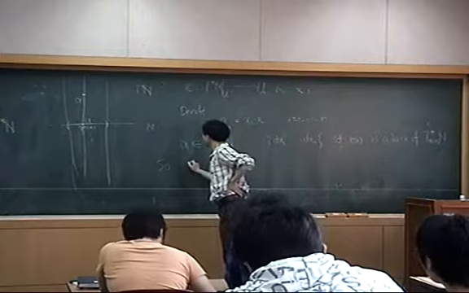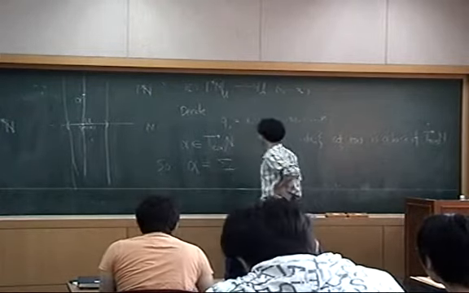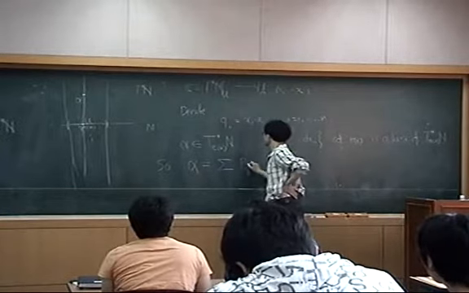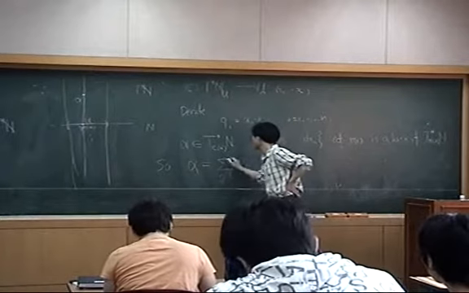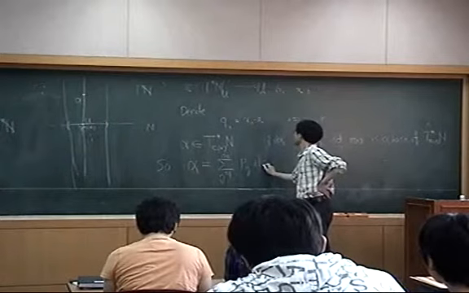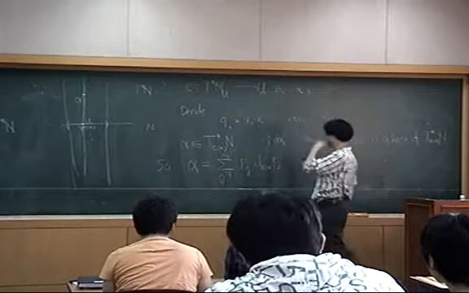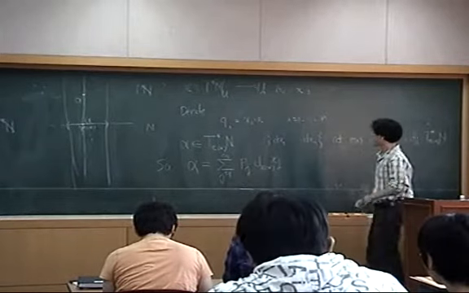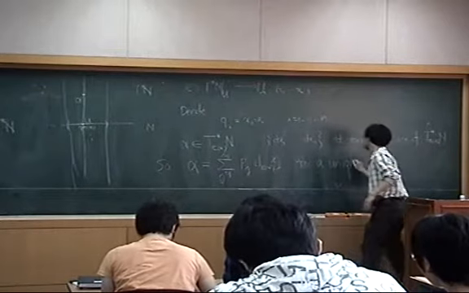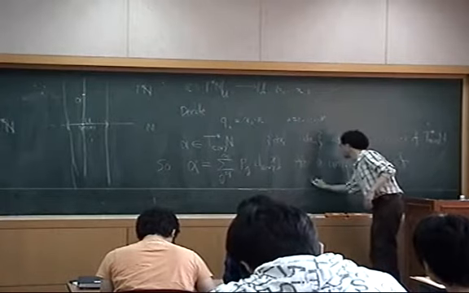alpha can be uniquely written as a linear combination, the sum over j equals 1 to n of pj dxj at π(alpha), for a unique choice of pj.